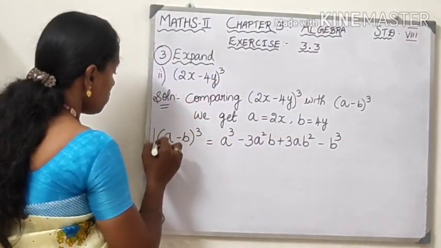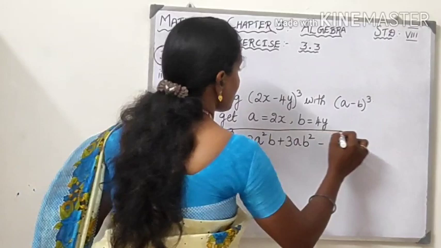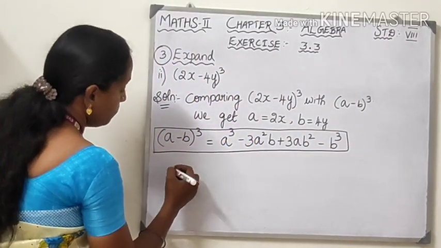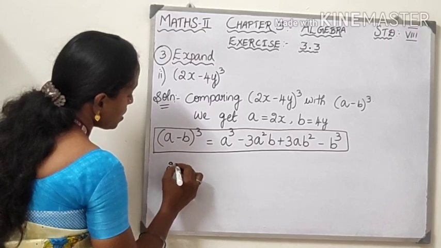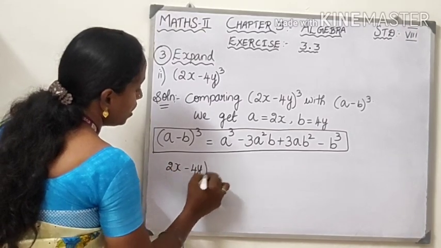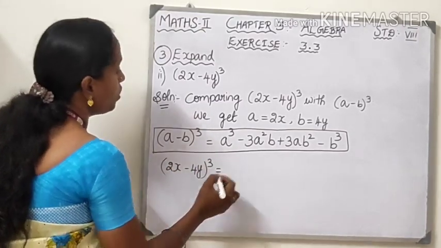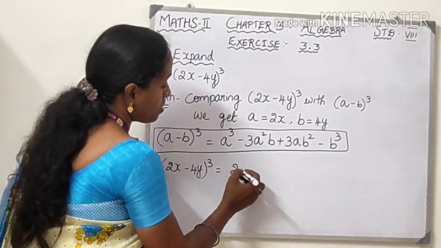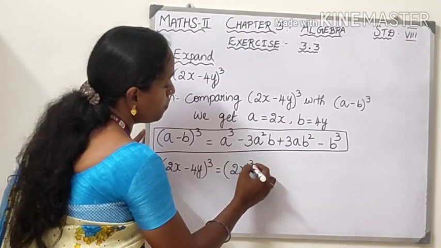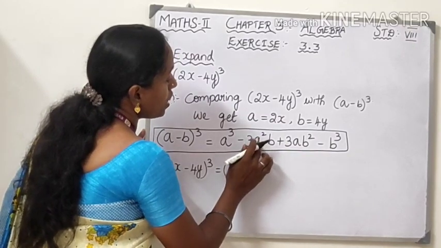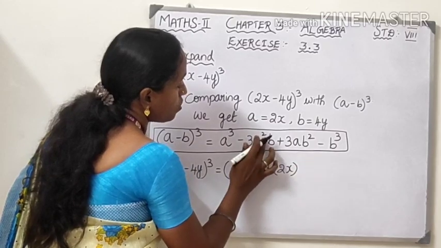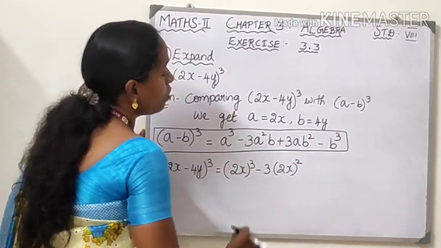So what is the next step? We are going to replace the values of A and B. So here we can write 2x minus 4y the whole cube is equal to, what is A value? A value is nothing but 2x. So 2x the whole cube minus 3, what is the A value? It is 2x. 2x we have a square, so we have to write 2x the whole square.